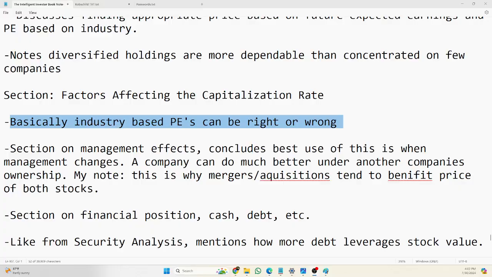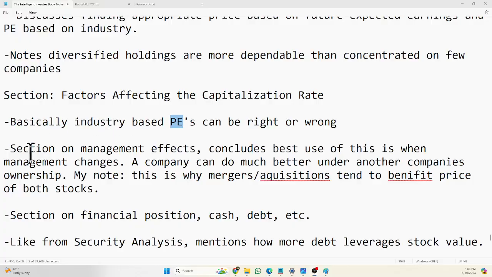There's a million examples of that, but the point here being that PE ratios of a whole industry, from my own observation, tend to be pretty secure and don't tend to move very much. He talks about this later in the chapter, how when people try to predict the average PE of an industry is going to change because of some innovation or some shift in technology or whatever it is, it's rare for people to predict those things correctly.